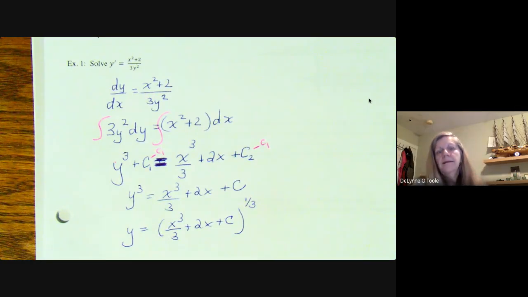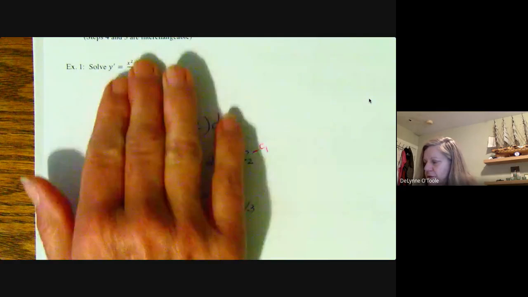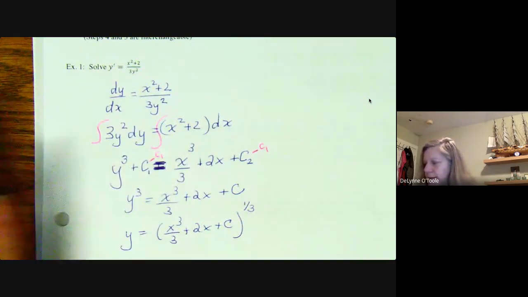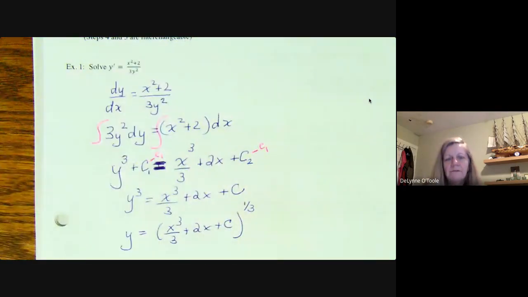Okay, and so that function is a solution to this differential equation that included x's and y's and derivatives of y. We could prove it to ourselves. We could prove that this was a solution by going through the process that we went through on the previous page, but we're not going to do that.